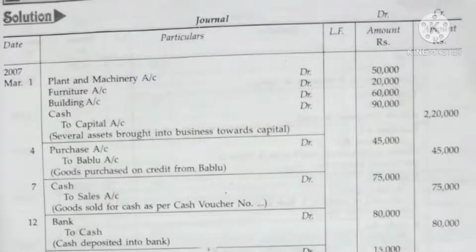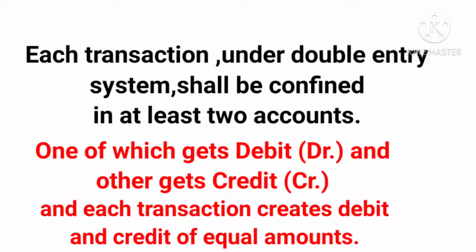In double entry system, each transaction has two aspects and create double effects. Consequently, each transaction under double entry system shall be confined in at least two accounts, one of which gets debit and others get credit. The debit and credit of the transaction are of equal amount.